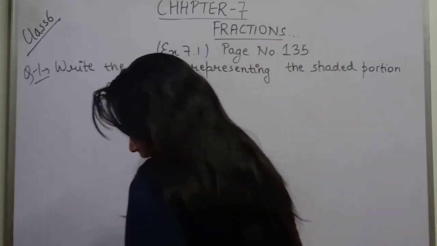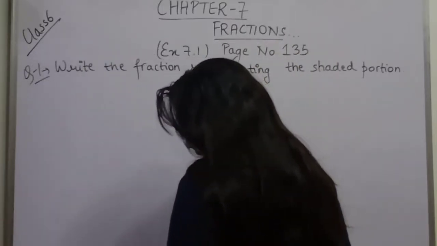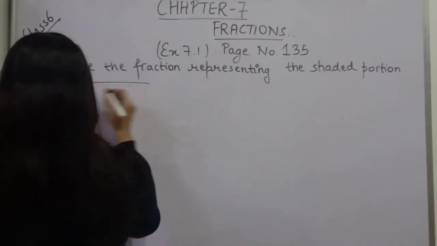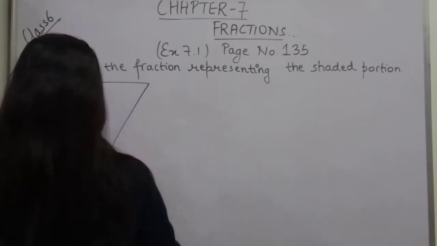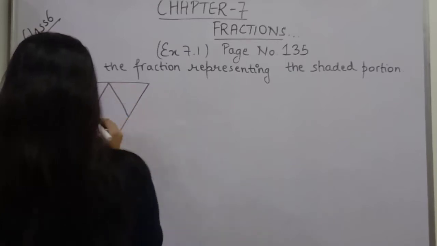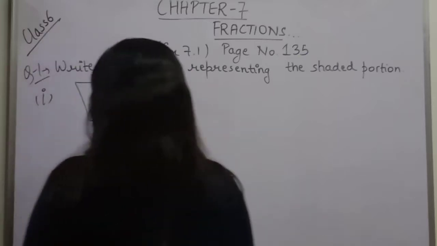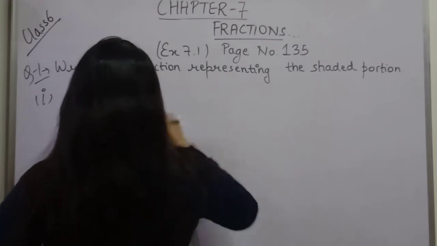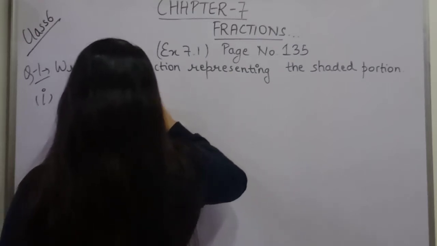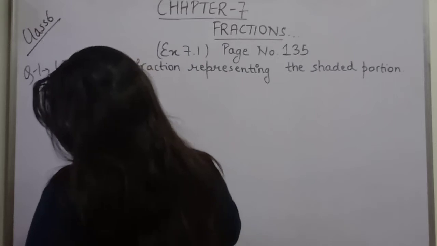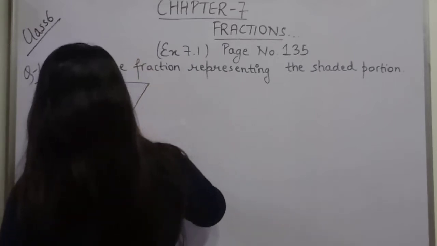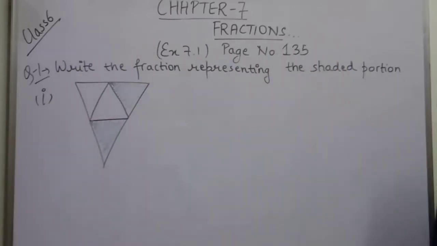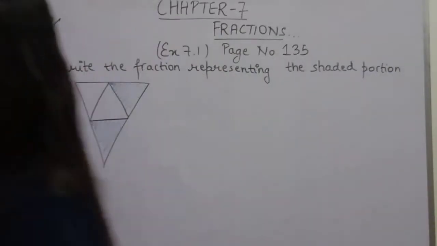So we have to write the fraction that is representing the shaded portion, and the first part is something like this. Alright, and the shaded portion is this. Okay, so this is the first part. So now we have to write the fraction.